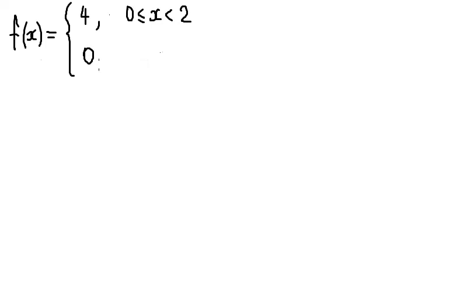The function we are given is defined as follows. f of x is equal to 4 when x is bigger or equal to 0 and strictly less than 2, and it's going to be equal to 0 when x is bigger or equal to 2. So that's the function, and what we want to do is to find its Laplace transform.